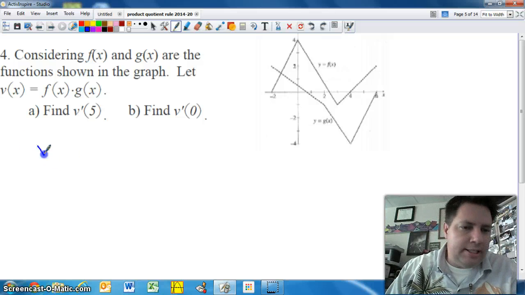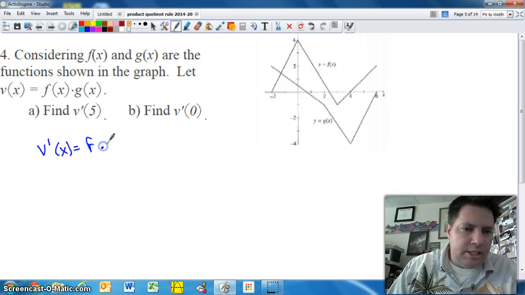So, v prime of x. The derivative is going to be equal to the first times the derivative of the second, plus the second times the derivative of the first.